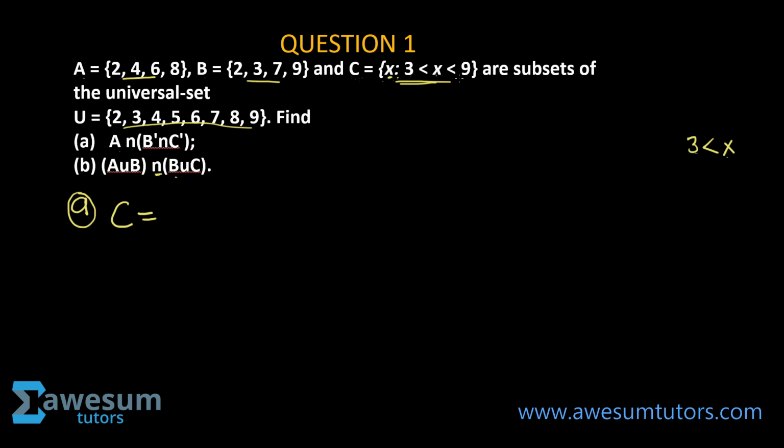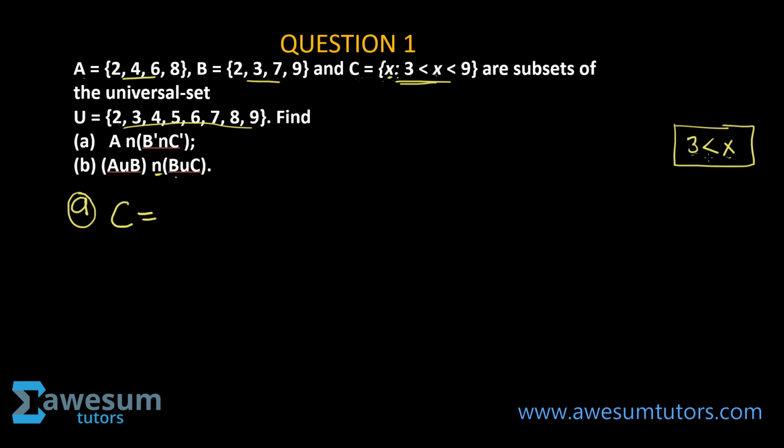If you think about this very well, if X is greater than 3 from this expression, and this is the universal set, that means the numbers you're going to be considering will be part of this universal set.